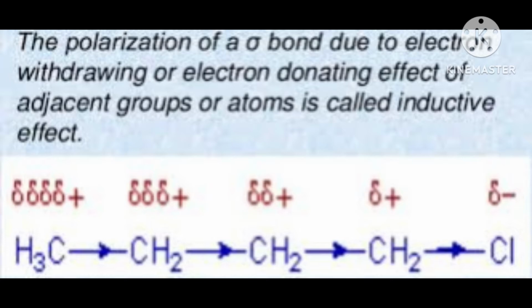Now I am going to discuss nucleophiles and electrophiles. All these terms are used in organic reaction mechanism.